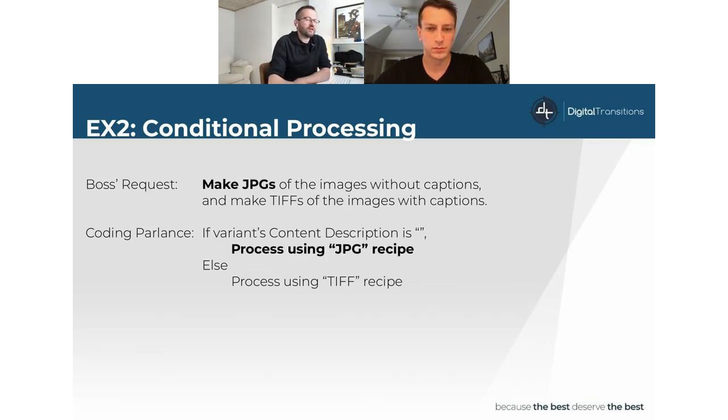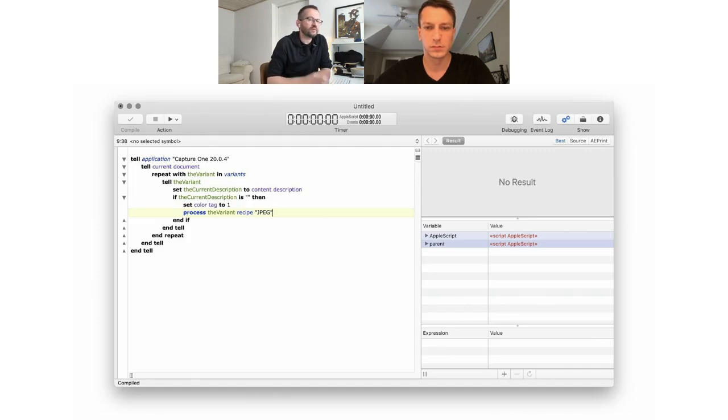So let's start by breaking the problem down again. As Doug says, let's do it one step at a time. Let's revisit our old script from example 1. We've already built the if statement, and now we can expand it with the next instruction. If you remember Doug's explanation of the repeat loop, each variant in variants is going to be looped through the code in the repeat block and checked by the if statement to see that the content description is in fact empty.